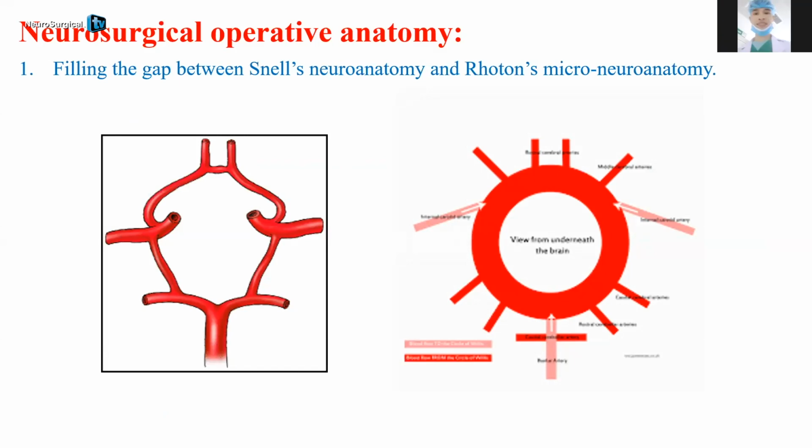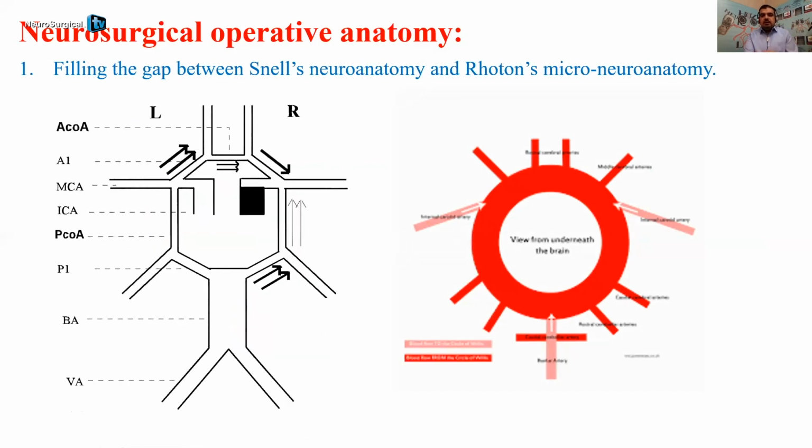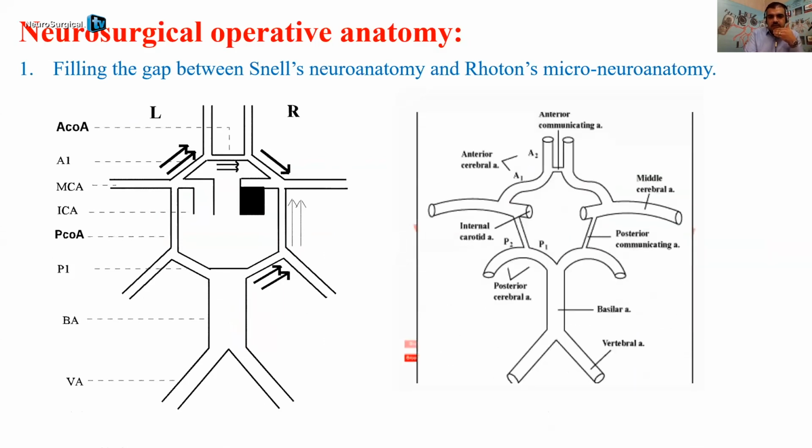1 month is more than enough for Snell neuroanatomy, because in this type of book, you always will find such illustrations. It's nice, it's comprehensive, you can figure out the whole idea or the big picture, but it's not related to reality. It's not related to operation.